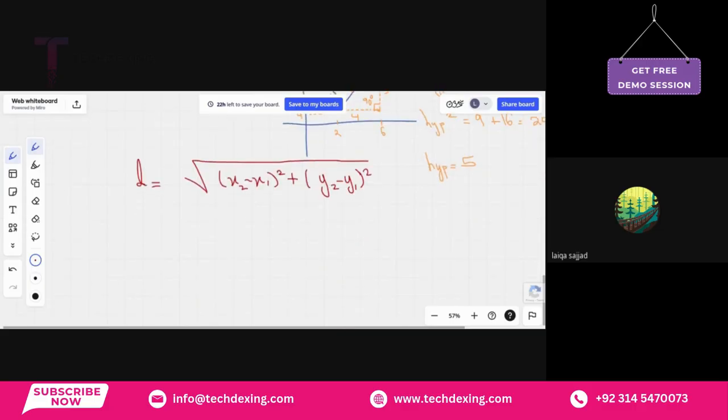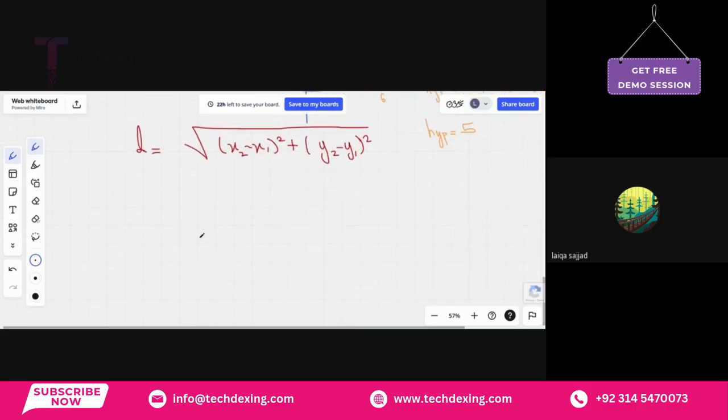So now if we practice a question, for example, we are given a point A. It has the coordinates 1 and 2, and then we have another point B, and it has the coordinates 4 and 6. We have to find the distance between these 2 points.